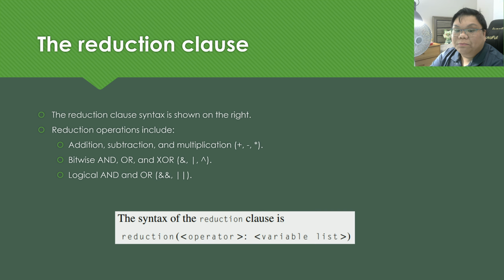By the way, here's the syntax for a reduction clause: reduction, left parenthesis, reduction operator, colon, and then your reduction variables, and then right parenthesis. Reduction operators include addition, subtraction, multiplication, bitwise AND, OR, and XOR, and logical AND and logical OR. Shown on the right, at the bottom.